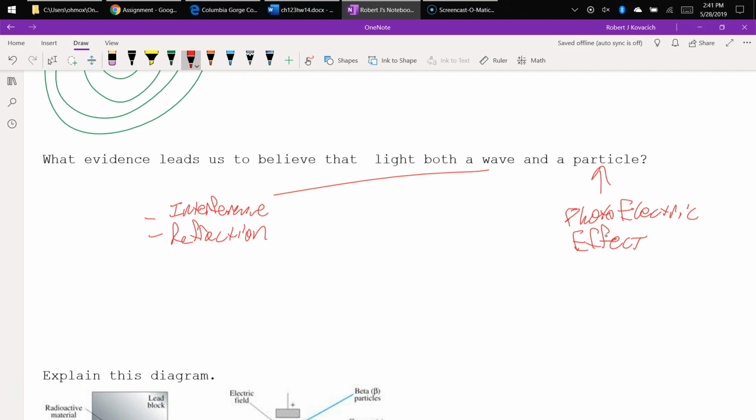Refraction and interference are the 2 reasons that it looks like the observable data presents wave when I'm looking at it in the interference refraction scope, but when I'm looking at it in photoelectric effect, it looks like a particle.